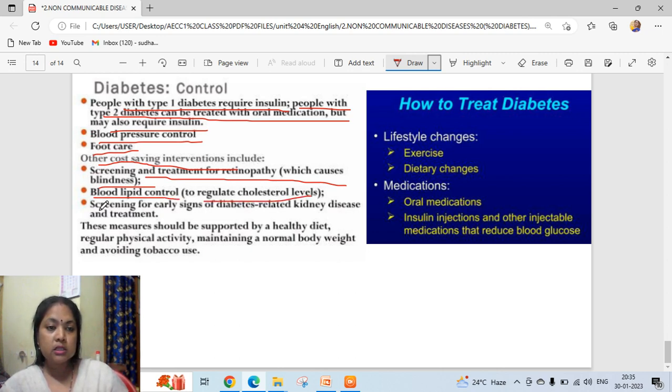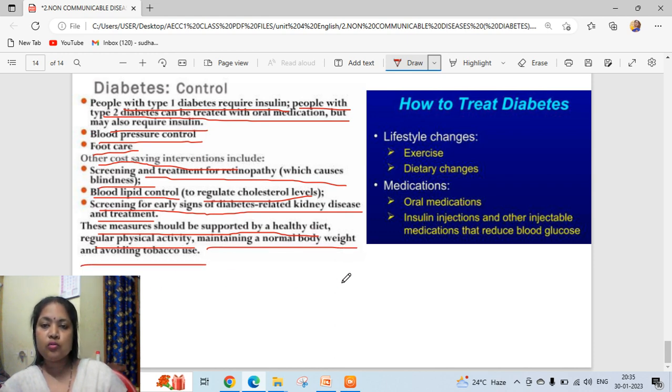Then screening for early signs of diabetes related kidney disease and treatment. These measures should be supported by a healthy diet, regular physical activity, maintaining a normal body weight and avoiding tobacco use. Okay. Then how to treat diabetes?